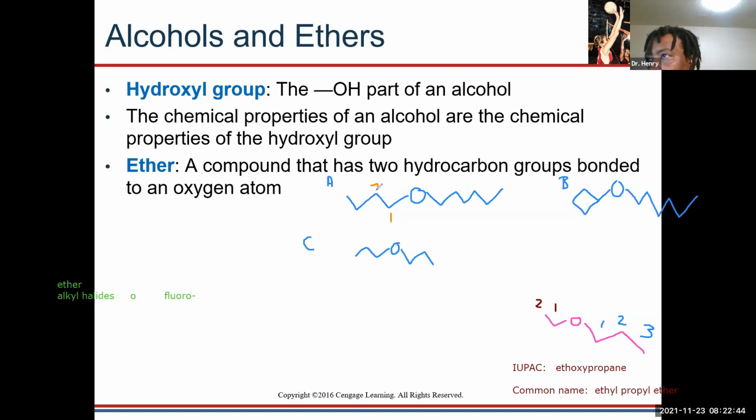That's 1, 2, 3, 4, and 1, 2, 3, 4, 5, 6. So yes, you are right. The common name would be butyl hexyl ether.